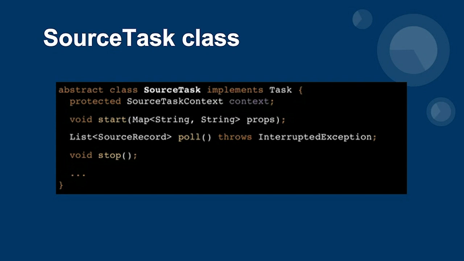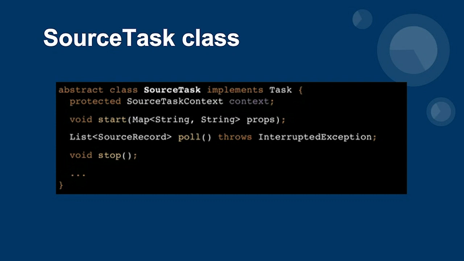Within that, we can get hold of the offset storage reader, and with that we can get each of the offsets for the topic partitions, and we can configure the source system client accordingly so as to continue from the same position we left. We can also create all the necessary resources, connections, queues and buffers that are required to pull data from the external system.